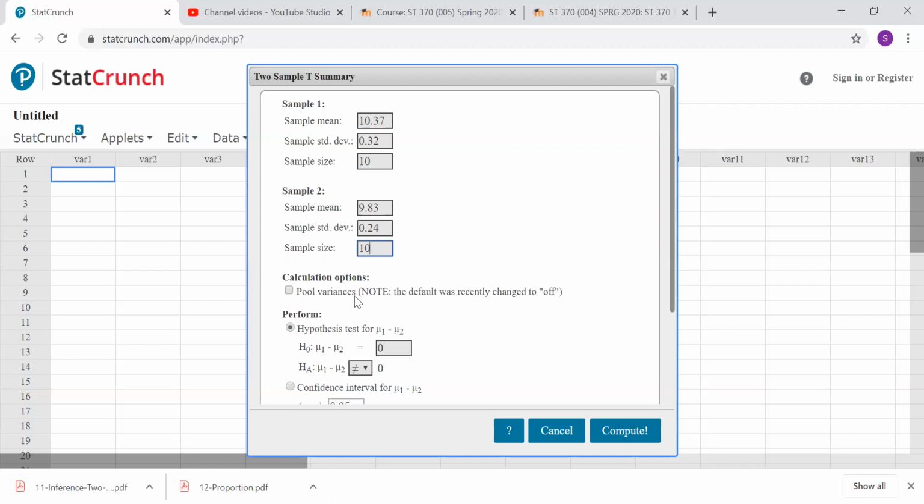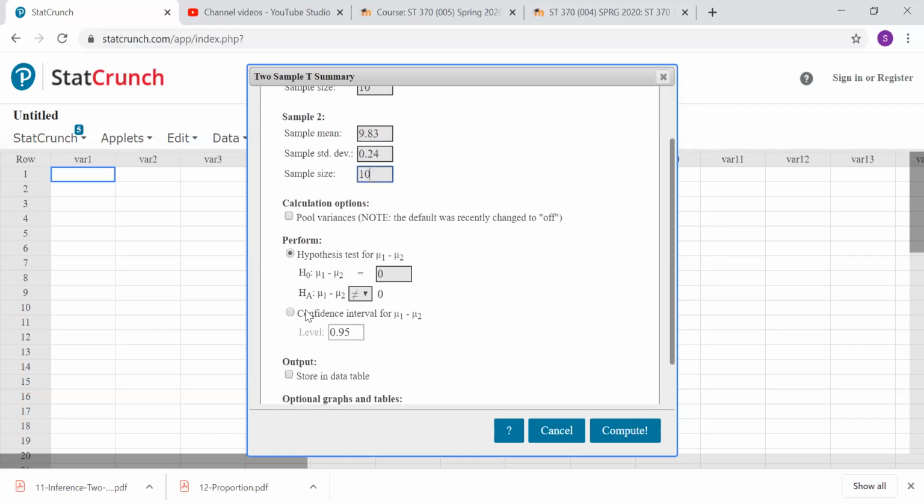We didn't talk about that pooled test because the t-test that we have talked about is more practical. That pooled test is not very robust with this assumption of equal variances. So we didn't talk about that. So you just leave it there because the default was off. Don't click on it. And the hypothesis test we have been doing is like this.